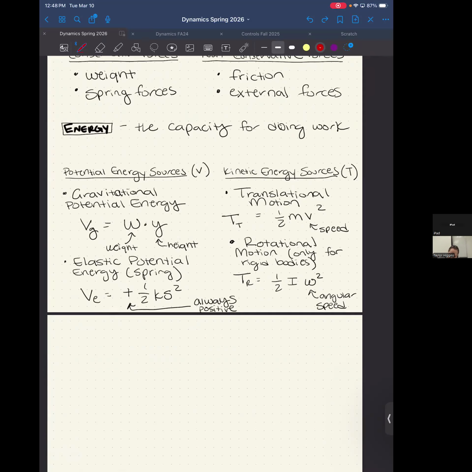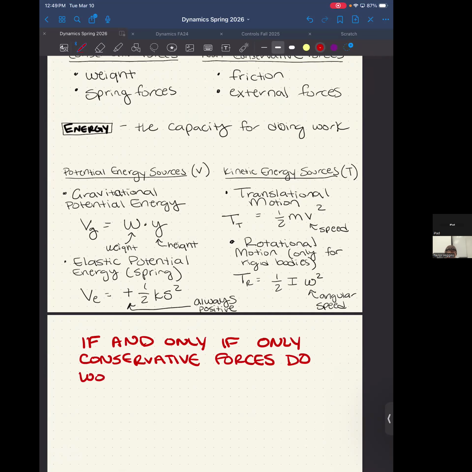And that case is if and only if only conservative forces do work on the system.